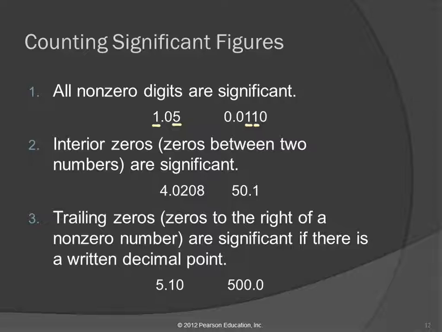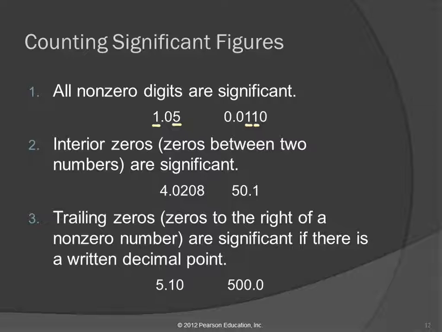Did you know there's 3 different kinds of zeros? There's interior zeros, or trapped zeros, zeros that are on the inside of a number. There's zeros that trail at the end of the number, and then there's zeros that lead at the beginning of the number.